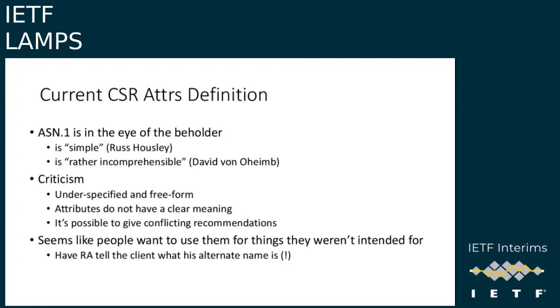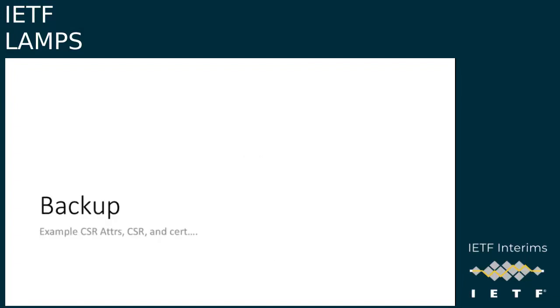For instance, having the RA tell the client what his alternate name is and to put that alternate name into the CSR that's being generated. So there is that new work, I guess. Next slide, I've got a couple of examples of how this stuff works. We can just quickly run through it so people can take a look at what I'm talking about. But next slide.